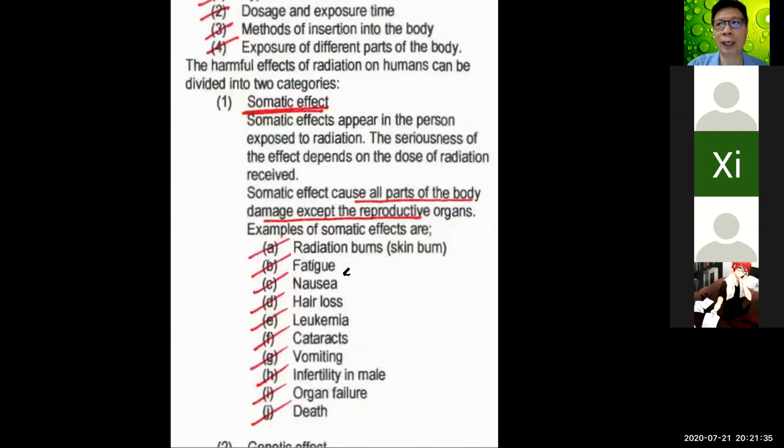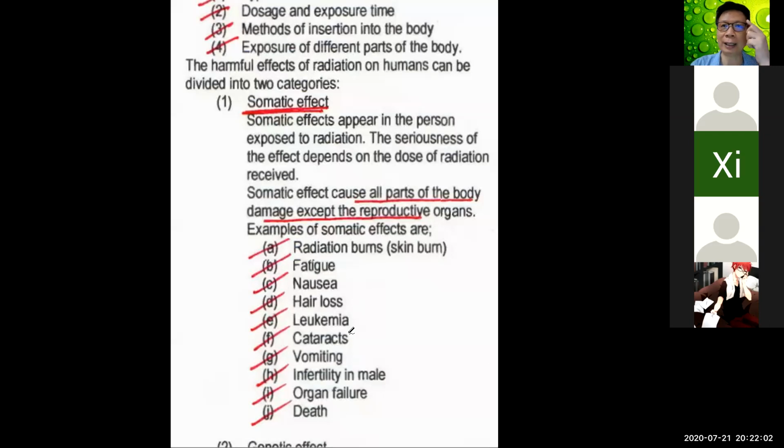In fact, all these are cancer patients. After chemo, they have this side effect, nausea, always want to vomit. Hair loss, a lot of hair loss. Leukemia, you all know what is that, right? Leukemia is a blood cancer. It's also somatic effect.